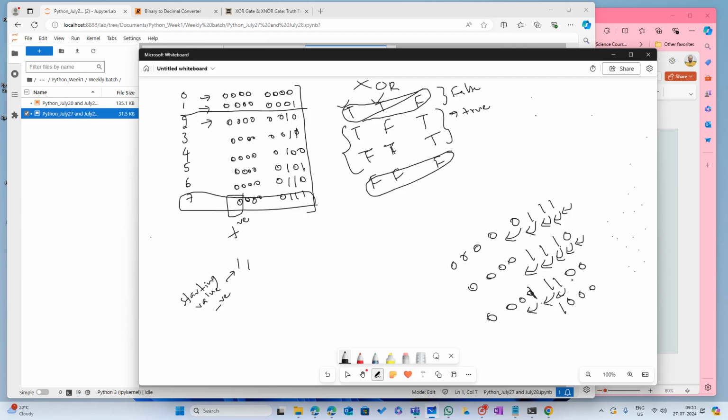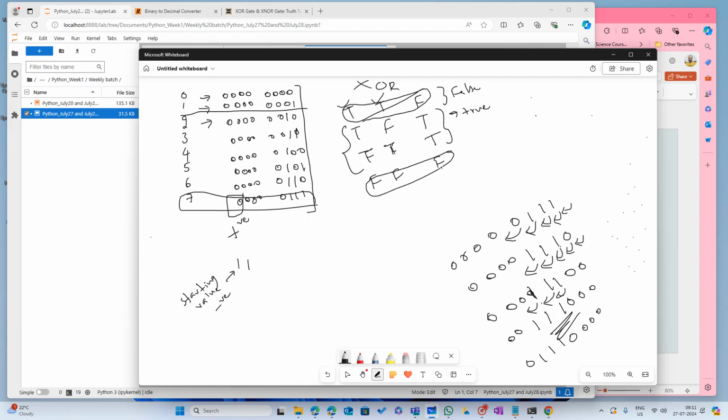Now this is 110000. That's the final answer. Okay, after moving, no, hold on. So how many times did we move? 1 2 3 times. We moved only 2 times, so third time also we have to move. So we'll get 0 1 1 1 0 0 0 0.